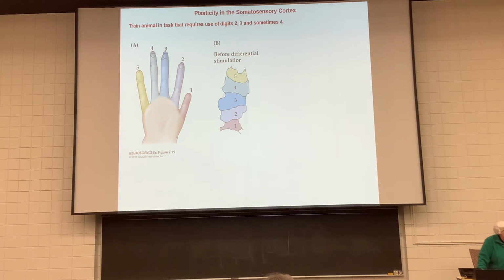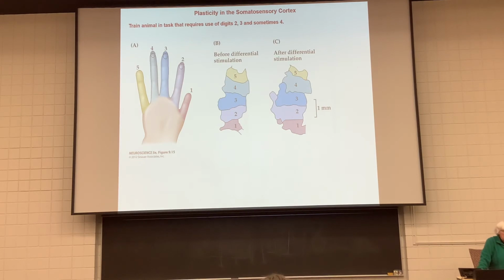One other thing you can do, what if you do a task that requires you to use digit 2 and 3 and maybe sometimes 4. And you do this over and over and over again. So you map it out again before you do the differential activation. They each have their nice little areas. And then afterwards, we see digit 2, the axons from digits 2 and 3 that would relay through the thalamus, again, has greatly expanded.